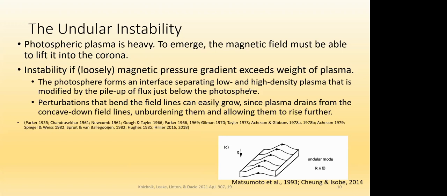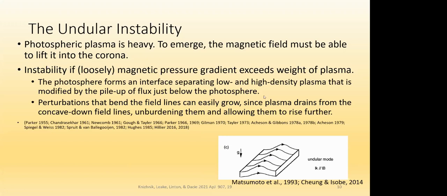The thing is that photospheric plasma is quite heavy, and initially the magnetic field doesn't have enough force to lift it up above the photosphere. But as the magnetic field starts to pile up below the photosphere, you generate a strong magnetic gradient, and that is able to eventually lift up that plasma once it exceeds the downward force.